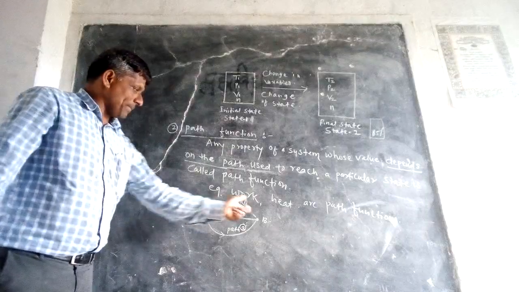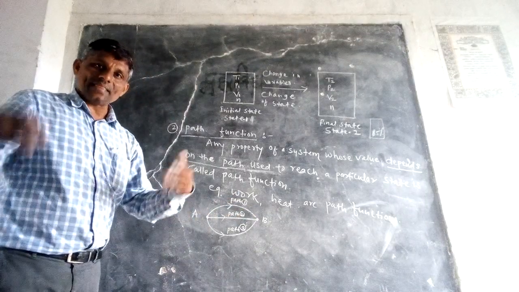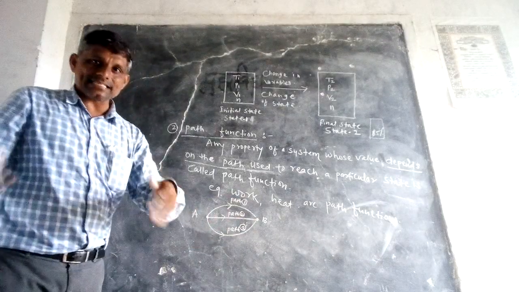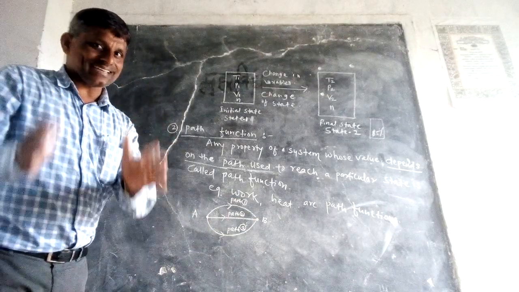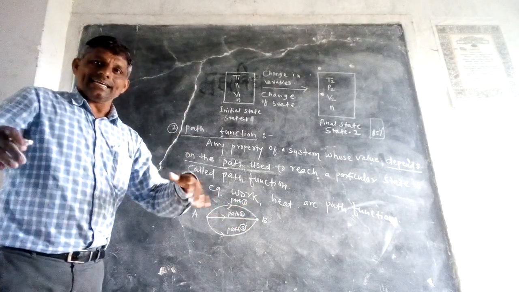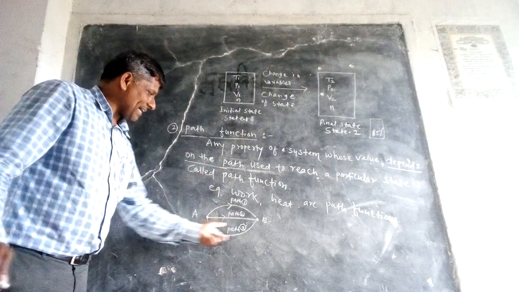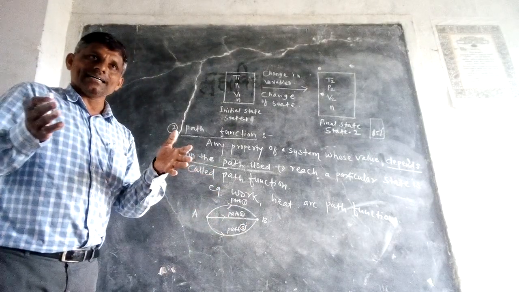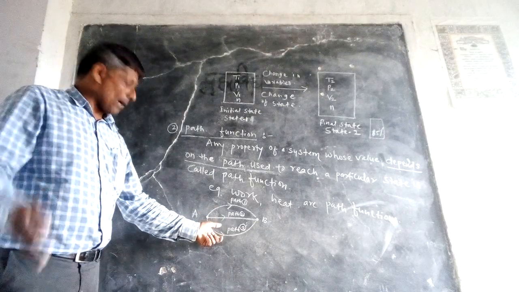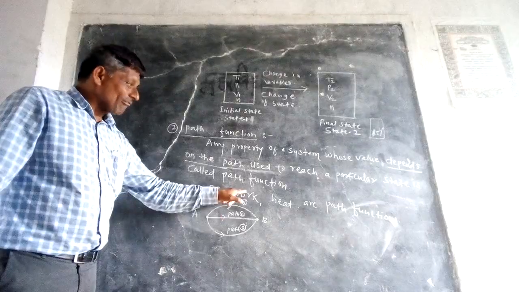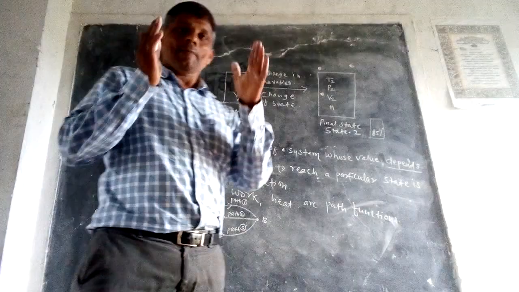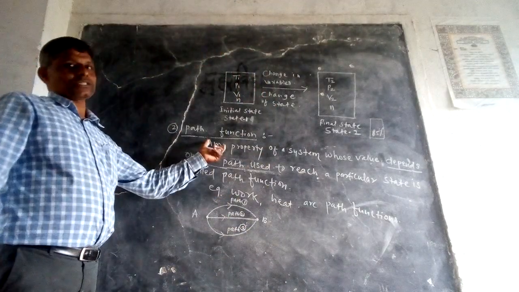For example, if you go from A to B on foot, you will have to do more work and spend more energy. If you go from A to B by bicycle, you will have to do a different amount of work. If you go by a bigger vehicle, you have to do some different amount of work. So here the work depends on the path. Work is a path function.